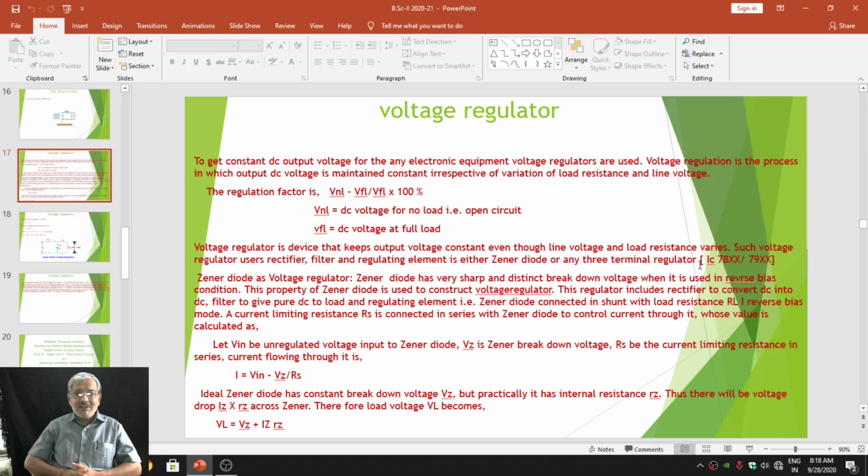For the rest of the period of input voltage, it remains off. This peculiar property of the Zener diode is used to design a voltage regulator.